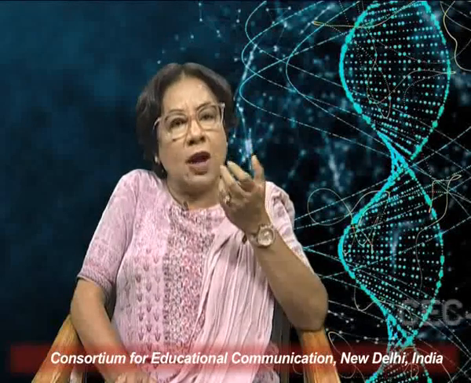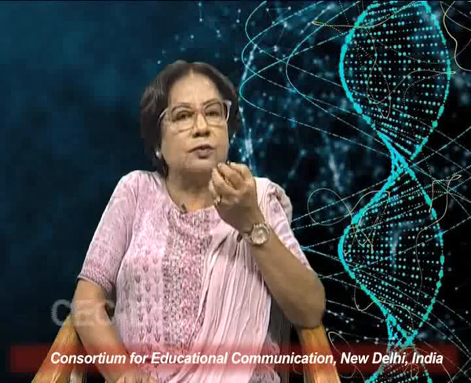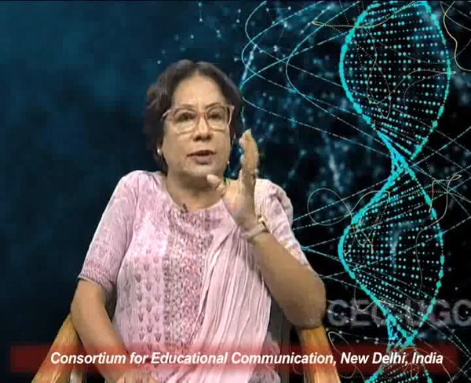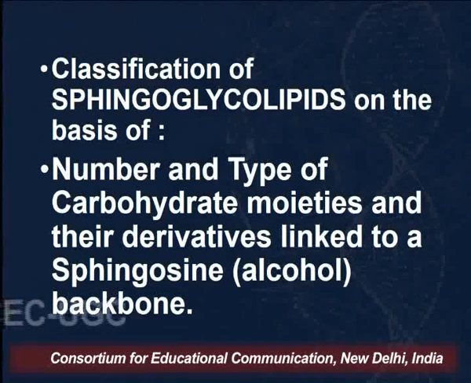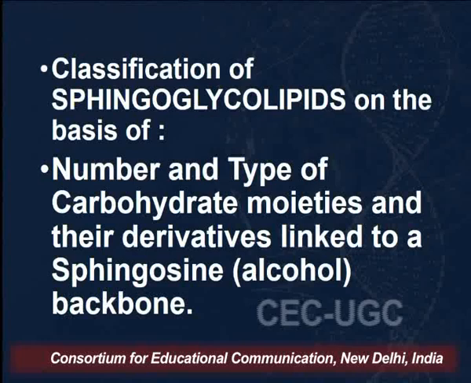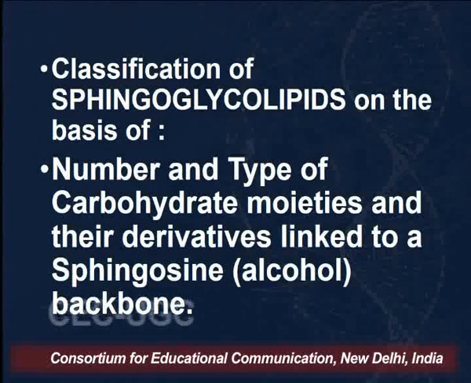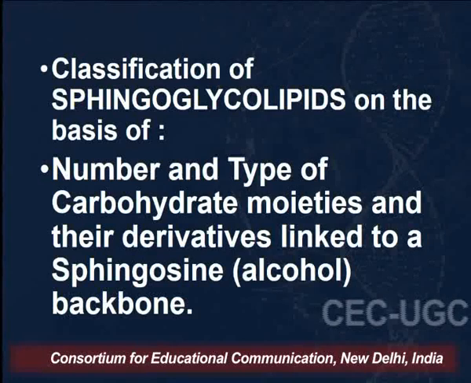And now, as I've said, we can specify glycolipids on the basis of the alcohol present in them. So the first thing which should come to your mind when we are talking of sphingoglycolipids is that the backbone is going to be sphingosine. Now the second category is we'll get cerebrosides, we'll get globosides, we'll get gangliosides.